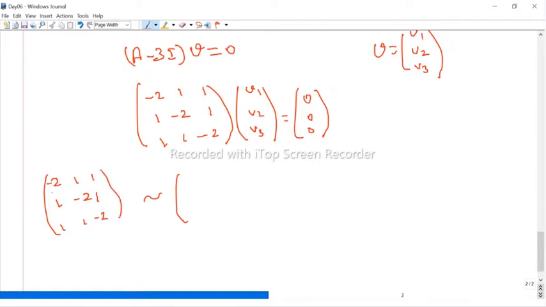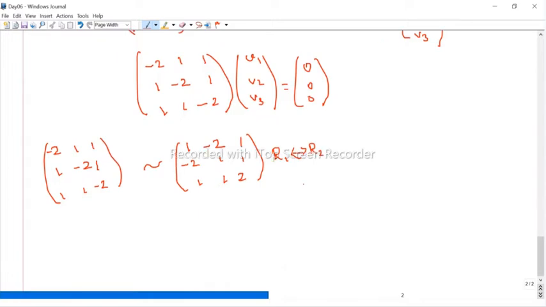Since the first entry of the first row is not equal to 1, better we interchange the second row and the first row, because this is an elementary row operation. We can interchange 2 rows, right? Now the first non-zero entry we get is 1. Therefore, we have to make this entry 0 and then make this entry 0. So for the last row, we keep the first row and subtract from this.